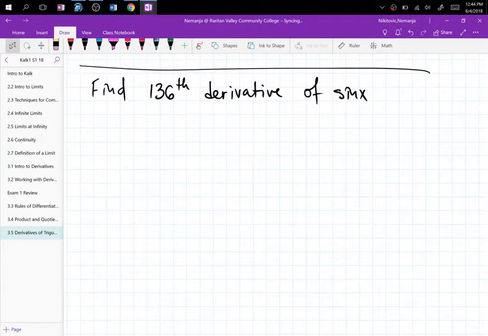Now, obviously, you know that you have to go in order. So let's start taking derivatives and see. Don't you love it? This is the first example. Now, we got time to go 136 derivatives. So let's get busy.